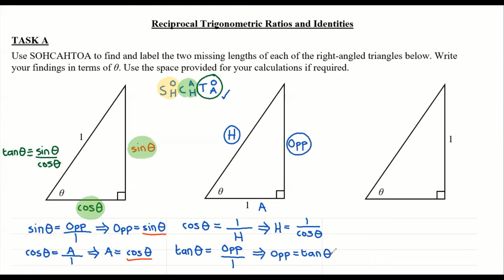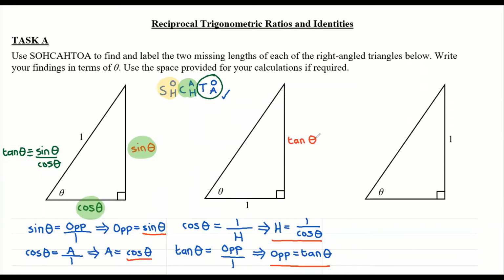So let's replace what I labeled earlier. I know the hypotenuse is 1 over cos theta and the opposite is tan theta. So if I replace that, I said I'll do my opposites in red, so that's going to be tan theta here.